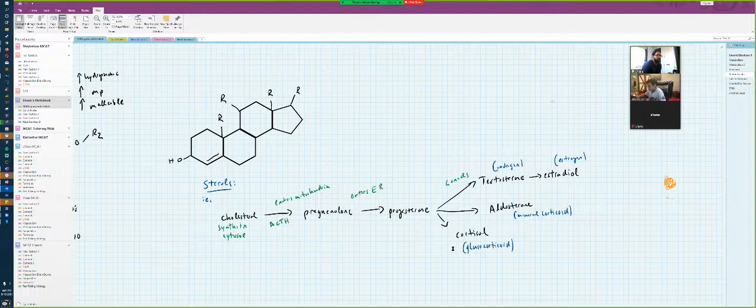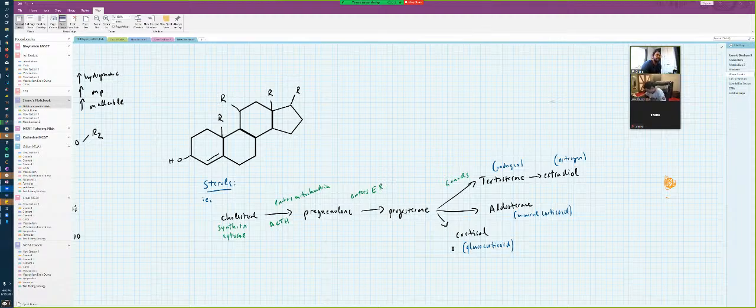Some people who abuse anabolic steroids get something called gynecomastia. Have you ever heard of that? It's when too much estrogen starts to get created in men, because estrogen is created from testosterone.